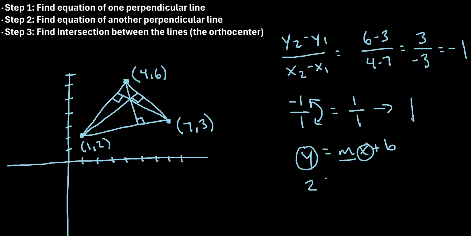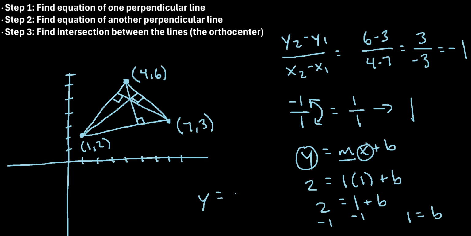We get 2 is equal to 1 times 1, which is just 1, plus b. If we subtract 1 from both sides, we see that b is equal to 1. So the equation of this perpendicular line right here is going to be y equals x plus 1.